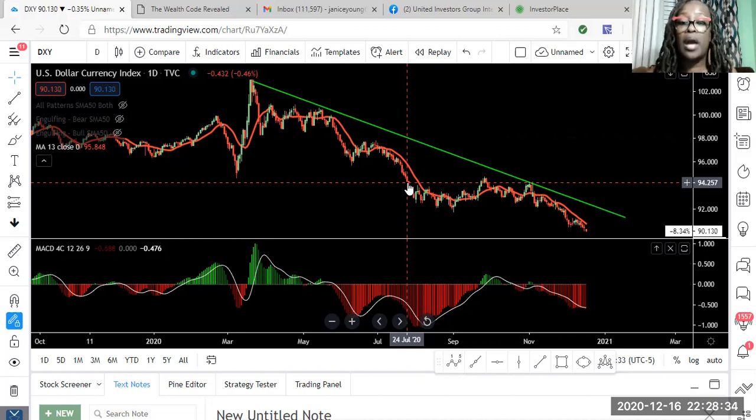There has to be a point where price stops and backs up, meaning retracement, and then it falls back down in the direction that it ultimately wants to go anyway. So keep that in mind as well. We are certainly in a downtrend with the dollar.